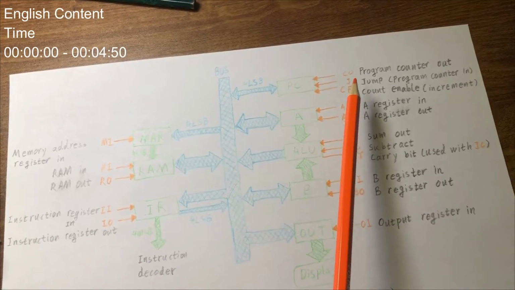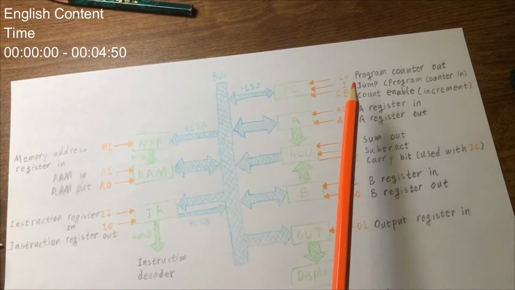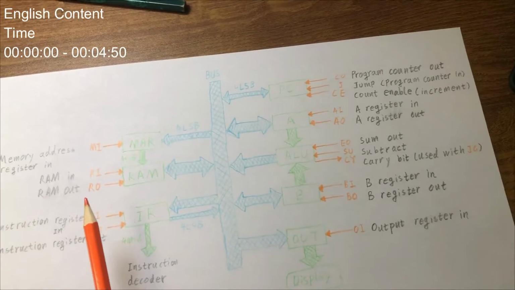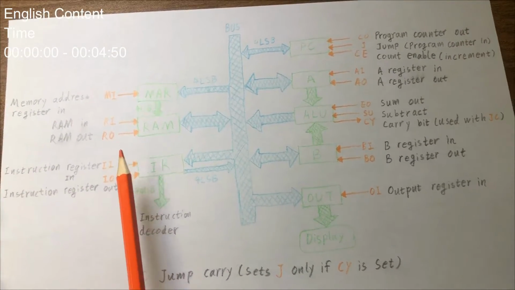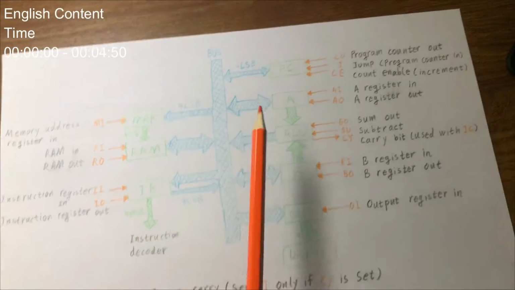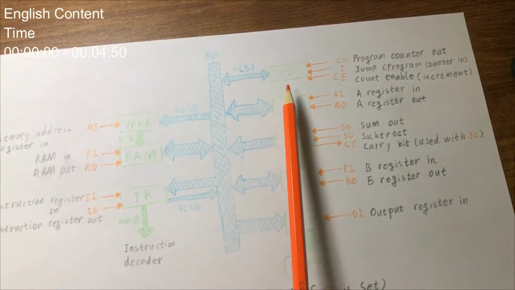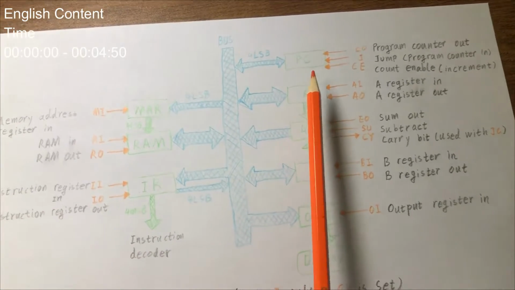And we also want to control the address when we program jump instructions. Then the program counter is able to make the adjacent address into its memory.